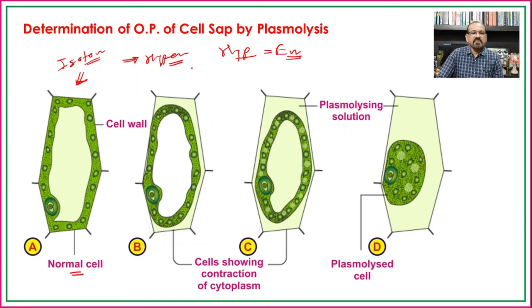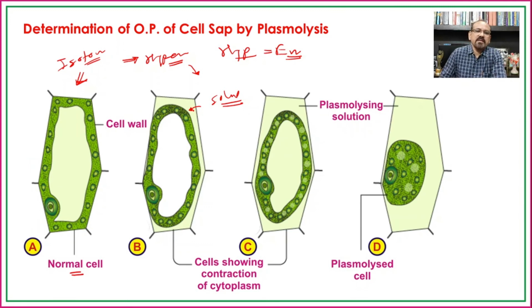So, if the cell is kept in a slightly hypertonic solution, there will be a little separation of the protoplasm or the plasma membrane from the cell wall. So, that solution of known concentration will be nearly equal to the osmotic pressure of the cell sap, and in this way we can roughly identify the osmotic pressure of the cell sap by the plasmolytic method.